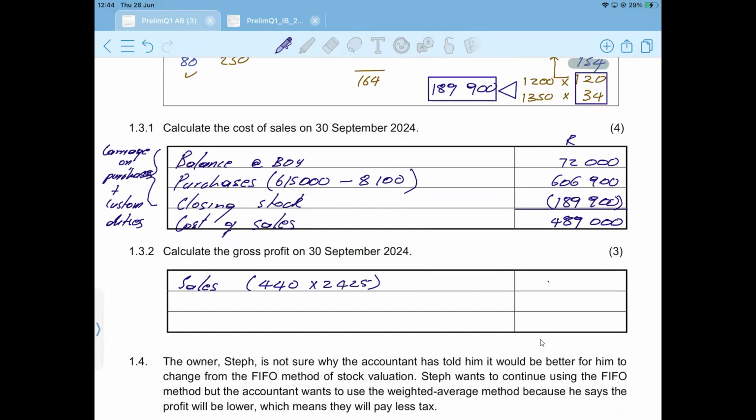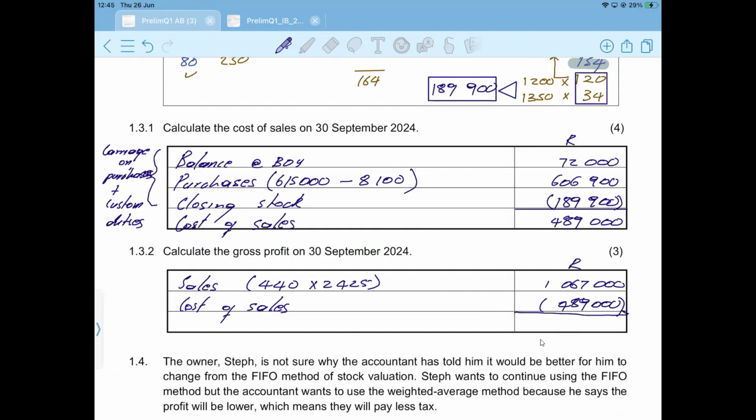It'll give you 1,067,000. You just minus cost of sales that you calculated above of 489,000.